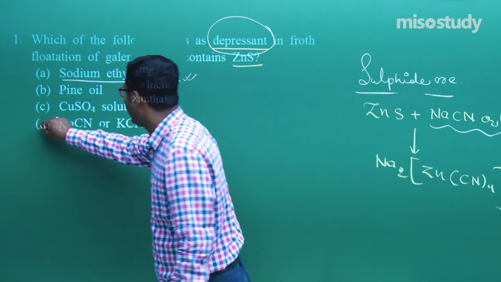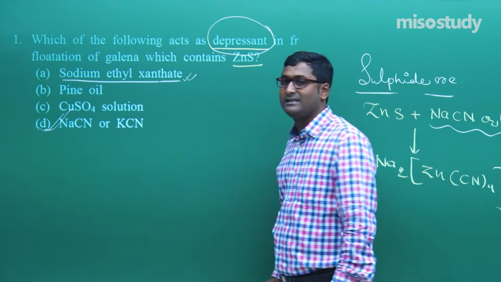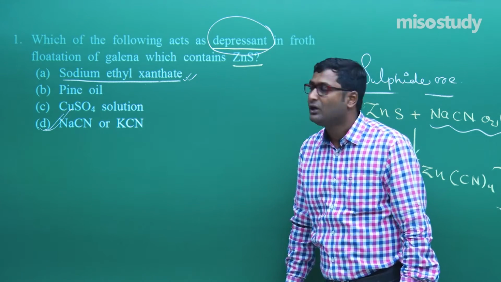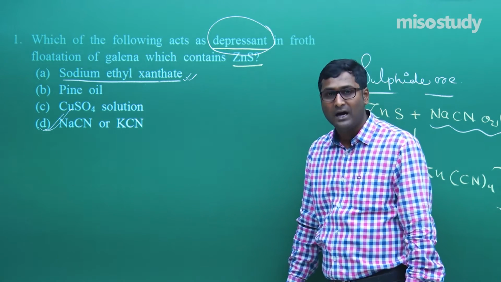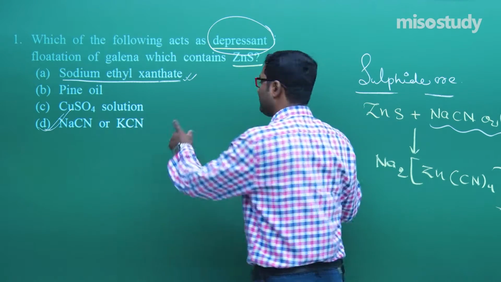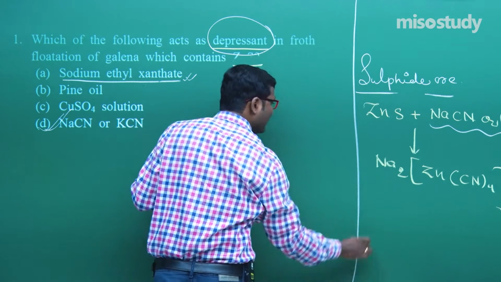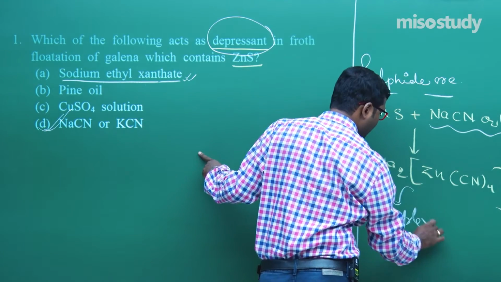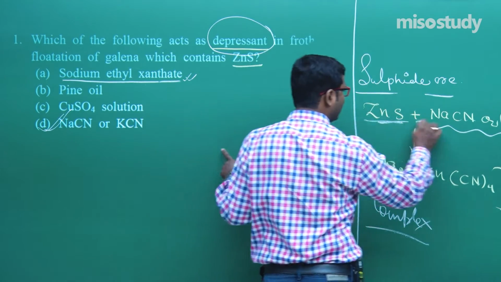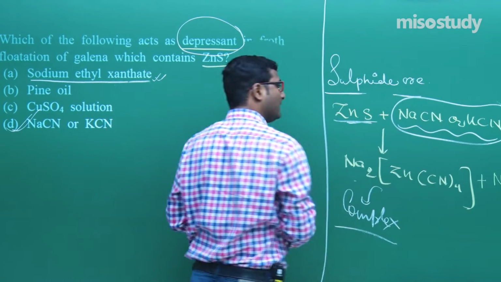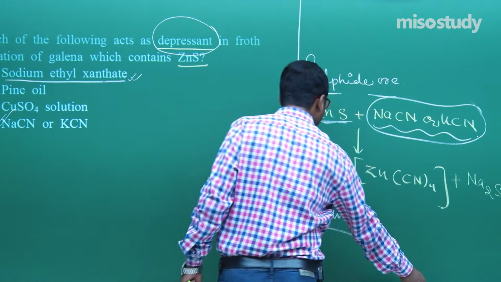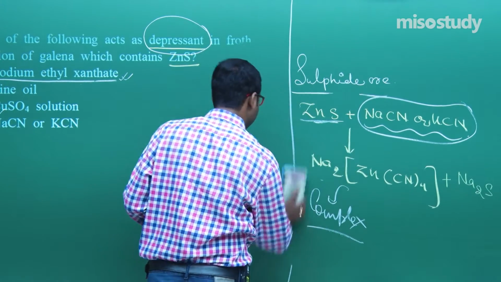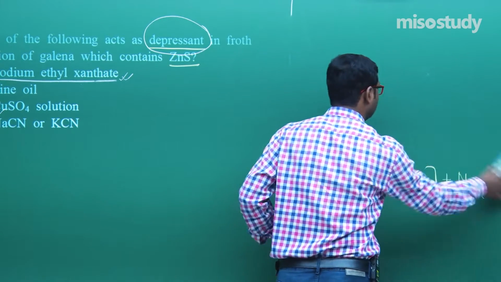So this one is NaCN or KCN. Clear to you, friends? So for question number 1, D is the correct option. The explanation is here: it forms a complex with ZnS, and these are depressants. Clear, friends? Now I'm going to rub this part and we'll discuss the next one.